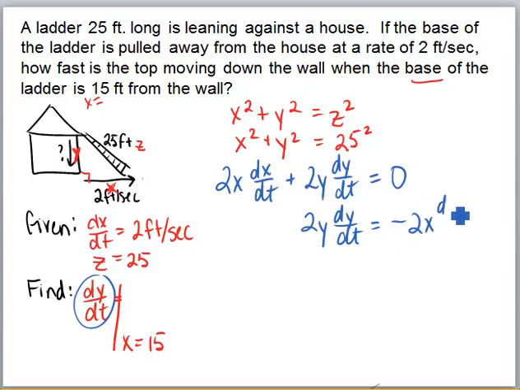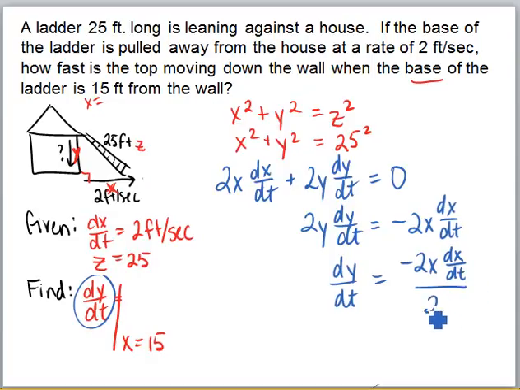I'm just going to go ahead and solve for dy over dt. Dy over dt ends up being negative 2x dx over dt divided by 2y. The 2's actually cancel, and I'm going to go ahead and plug in my known values now.